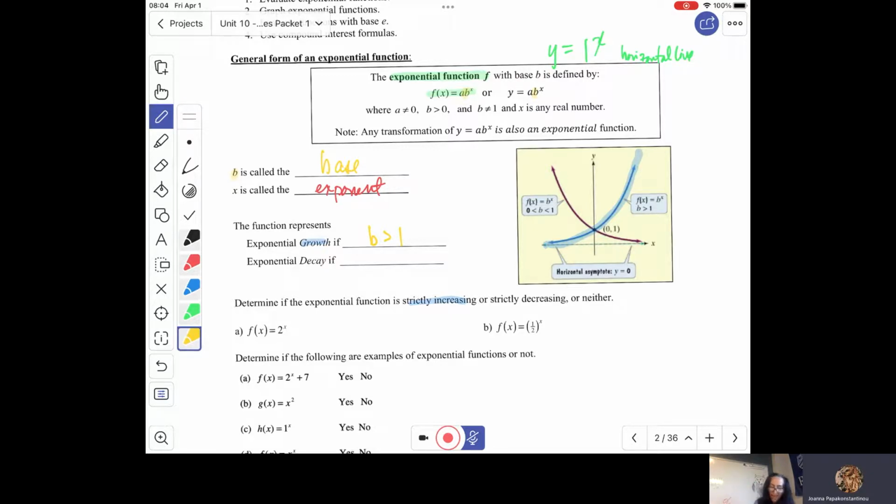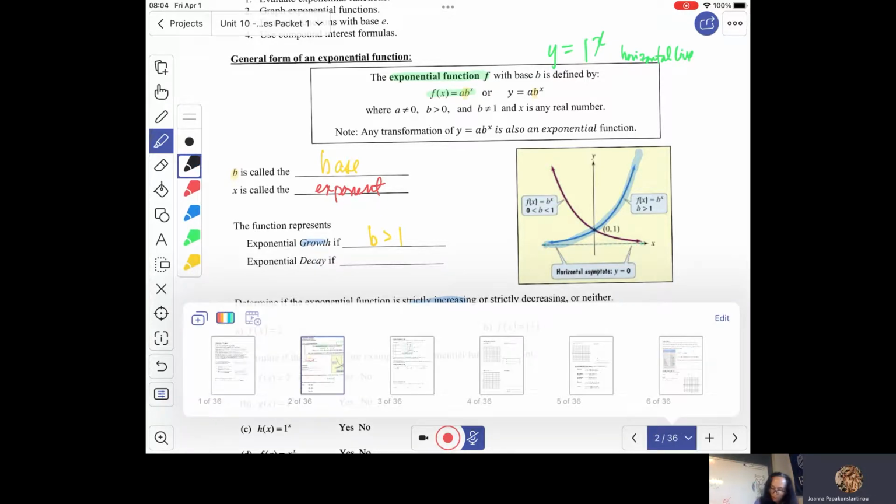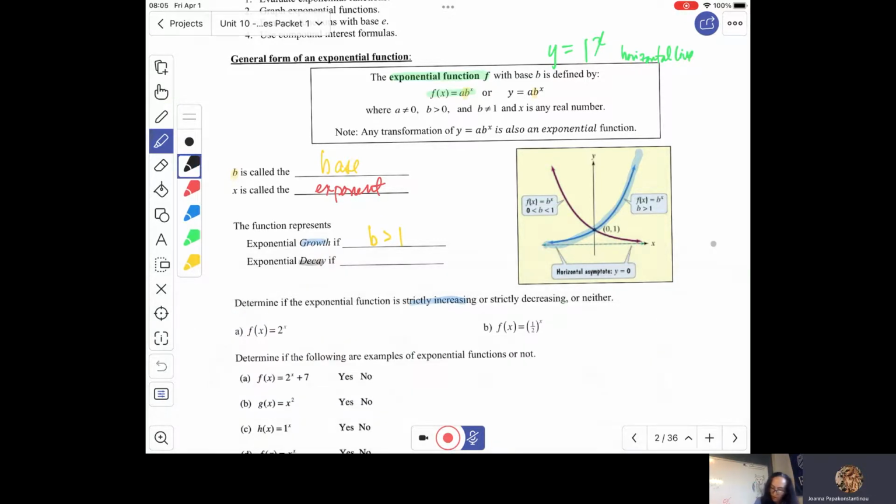And then you have exponential decay, a strictly decreasing function if B is a number between 0 and 1, a proper fraction.